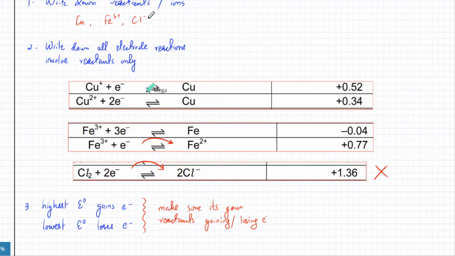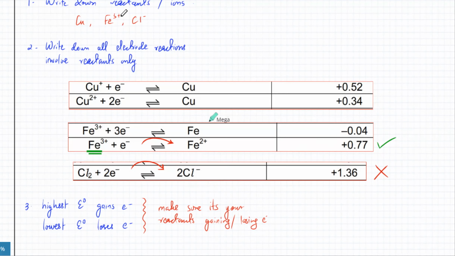And it works perfectly with our reactants. It has Fe3+ in it, and we do have Fe3+. So I figured out that out of the three, it's Fe3+. That's the one that has the greatest tendency to gain electrons. Is this clear? Yes.